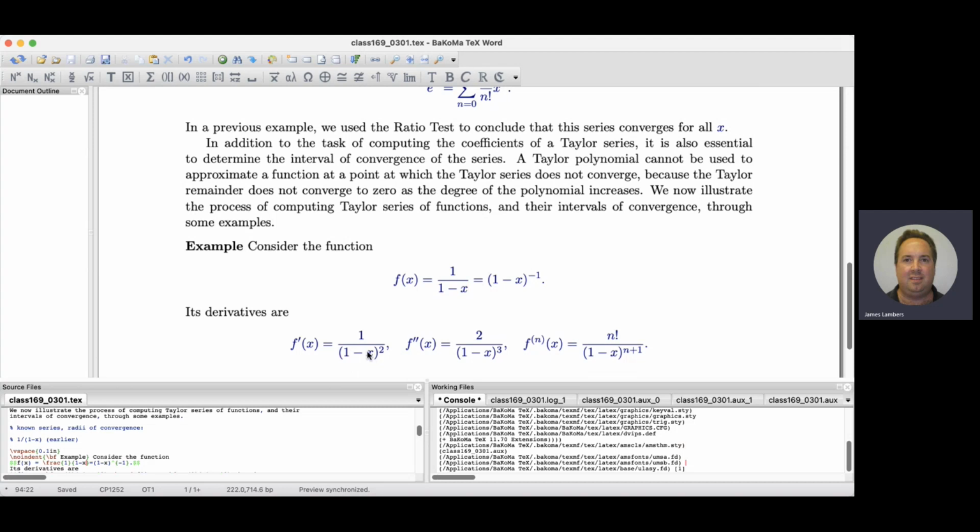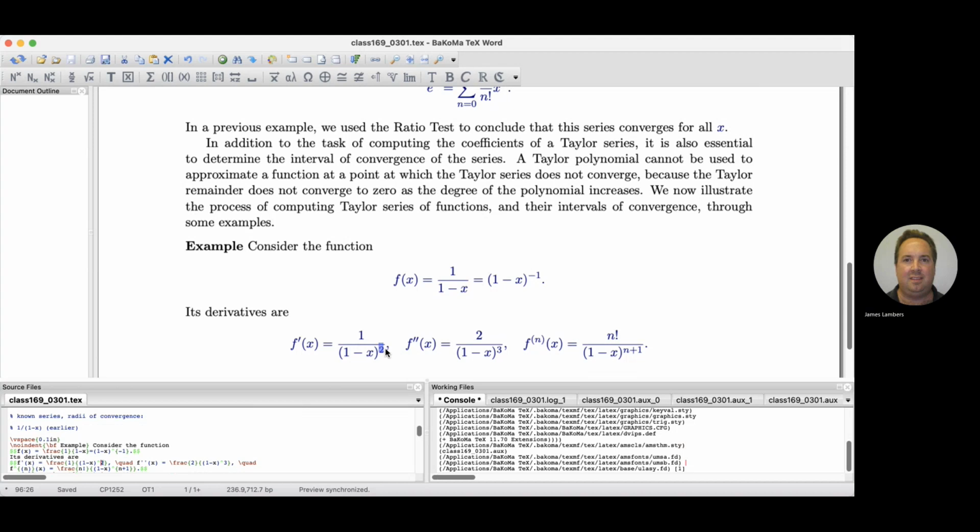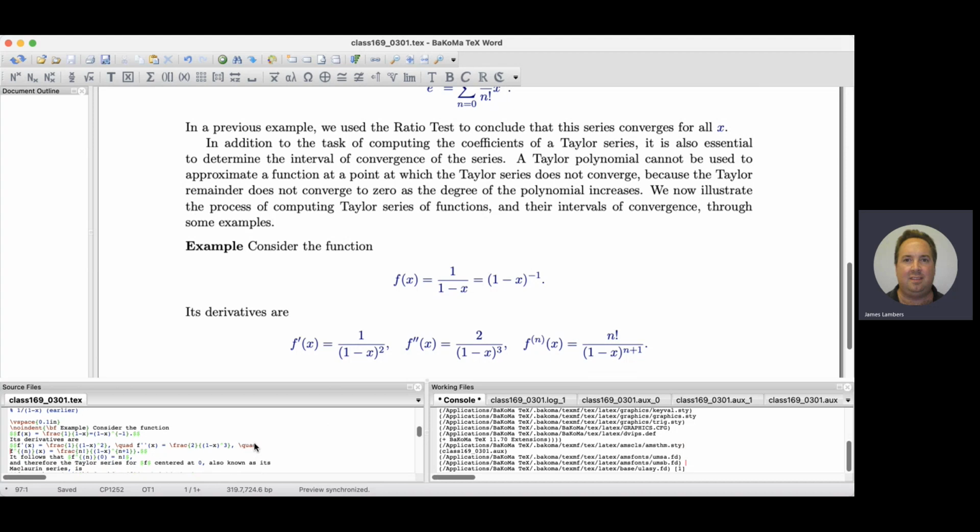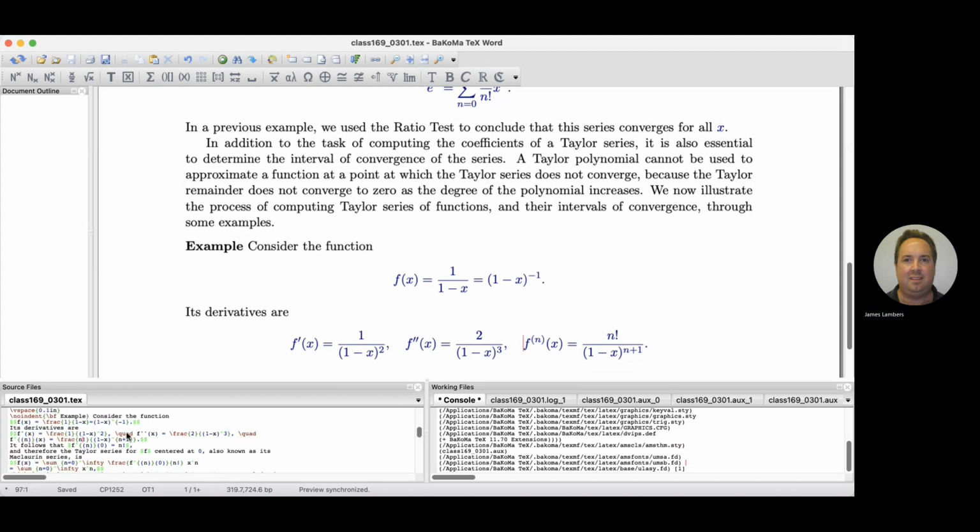Now, if I take a derivative of this, using the power rule again, I'm going to get this factor of 2 that comes from this exponent here. Then if I took the derivative of this, I already have this 2 here, and using the power rule will introduce an additional factor of 3, giving me 6 for the third derivative.